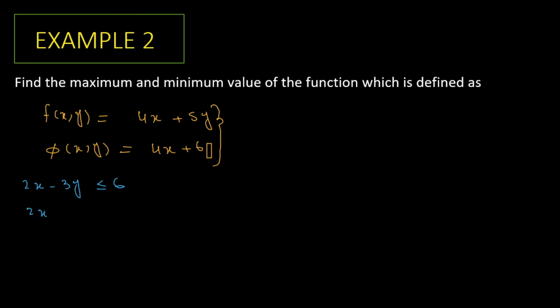The next is 2x plus 3y, and this is less than or equal to 12. And of course it is a feasible region. The feasible region means that x is positive and y is positive. So these are the constraints subject to the functions.